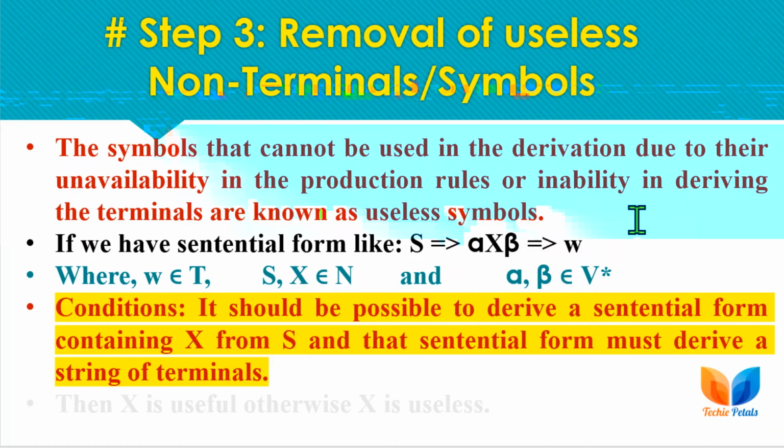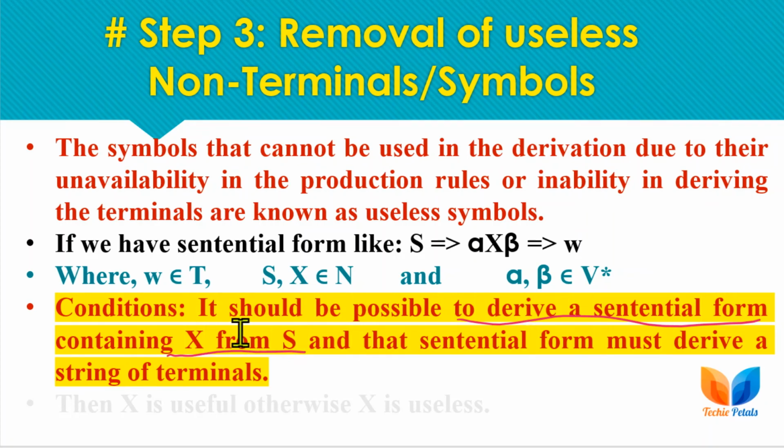So here are the necessary conditions to check whether a symbol is a useless non-terminal. First condition: it should be possible to derive a sentential form containing X from the start symbol S, meaning we must be able to derive some sentential form from the start symbol where X may appear.